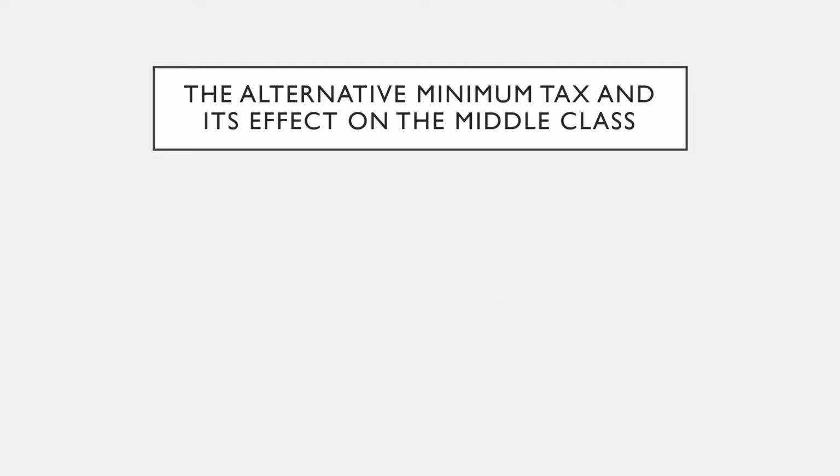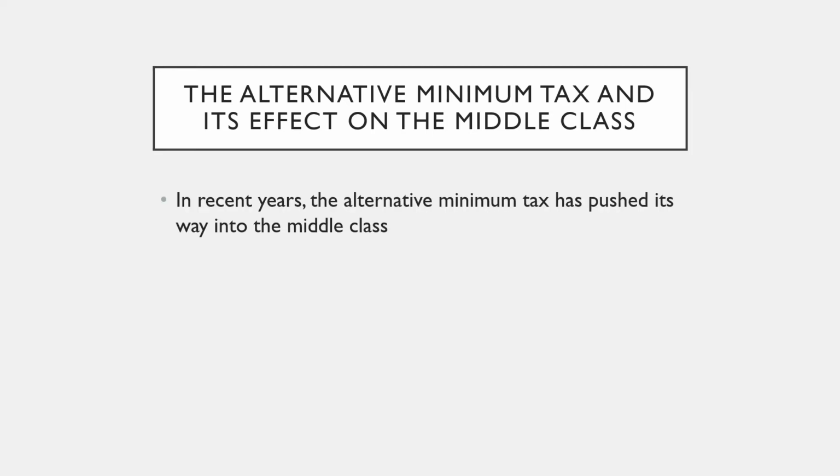So now we're going to talk about the alternative minimum tax and its effect on the middle class. In recent years, the alternative minimum tax has pushed its way into the middle class.